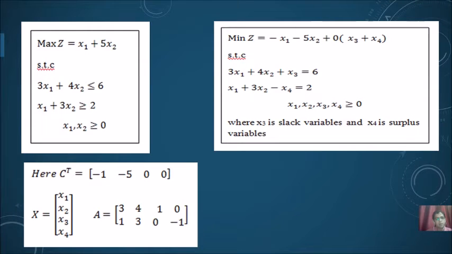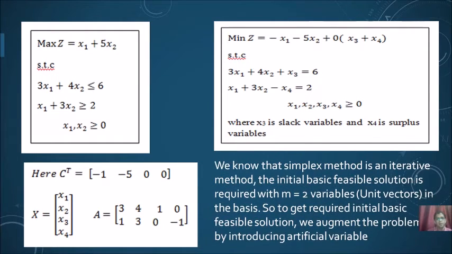We need to introduce one variable in the problem which is right now not present. Such variables are known as artificial variables. They have a very high cost, which is generally denoted by capital M. So that is what I have written. We know that the simplex method is an iterative method. The initial basic feasible solution is required with m equal to two variables.